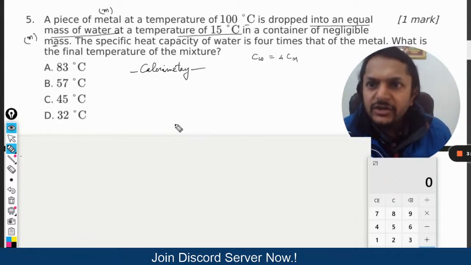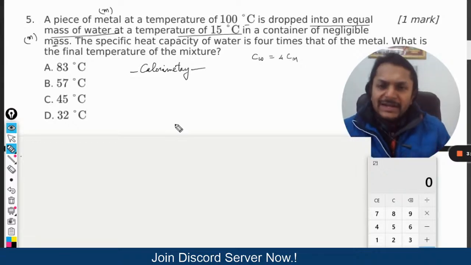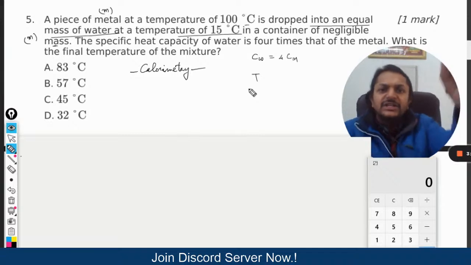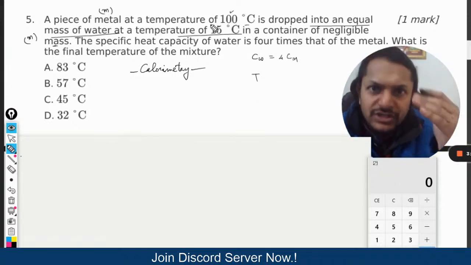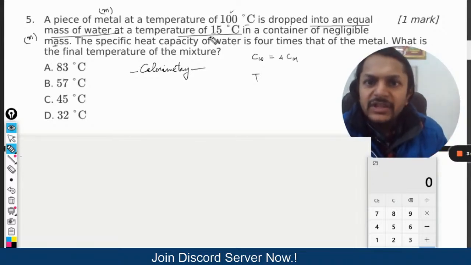Here the metal piece is hotter and water is cold. So let us say the equilibrium temperature which was achieved is capital T. It means that the metal piece has reduced its temperature from 100 to T, so it lost some heat, and the water has increased its temperature from 15 to T.